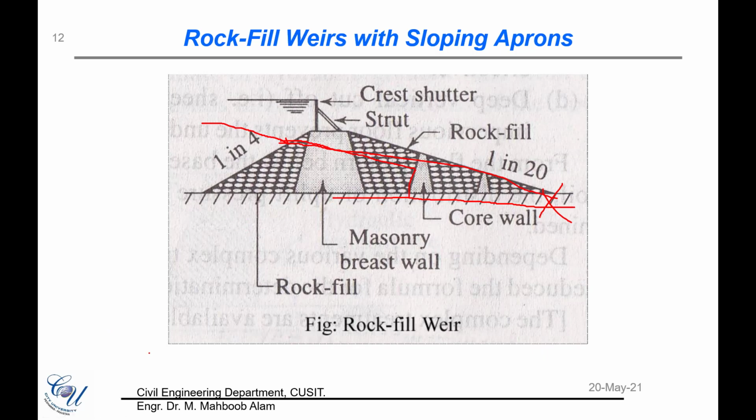But we make sure that the water is not reaching the downstream side and showing up there. Because if the water does reach the downstream side, we would have higher uplift pressures, which usually occur in this direction.